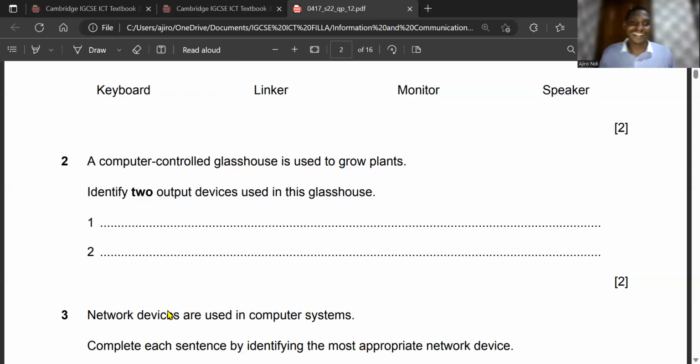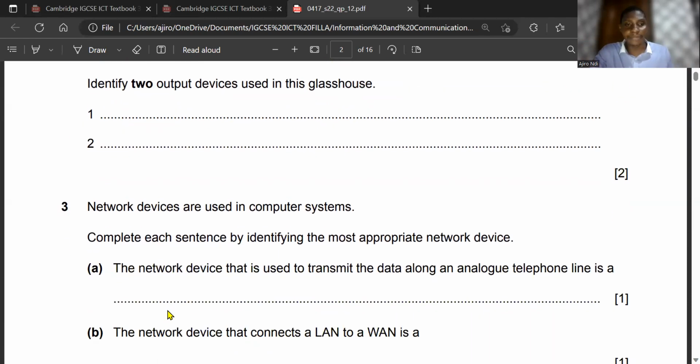So something like that. And I think that's what I have on computer control because it's used to grow plants. For biology students, obviously, you know what we're talking about. So if you're doing biology, you'll be able to skate through this question without sweat, right?